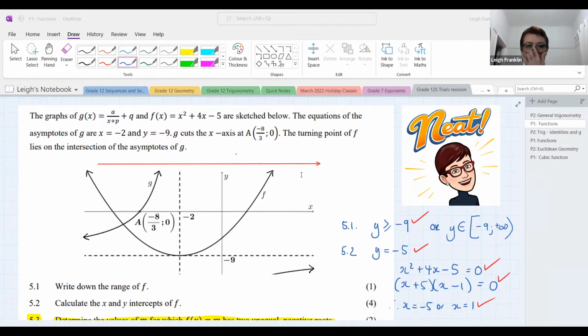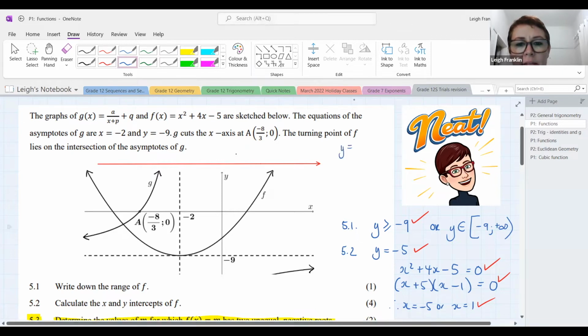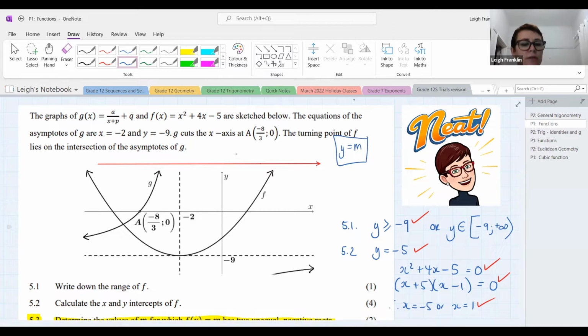Okay, so f of x equals m is a simultaneous solution between our graph f of x and a horizontal line. Remember, if we say y is equal to m, that would be a horizontal line, wouldn't it?